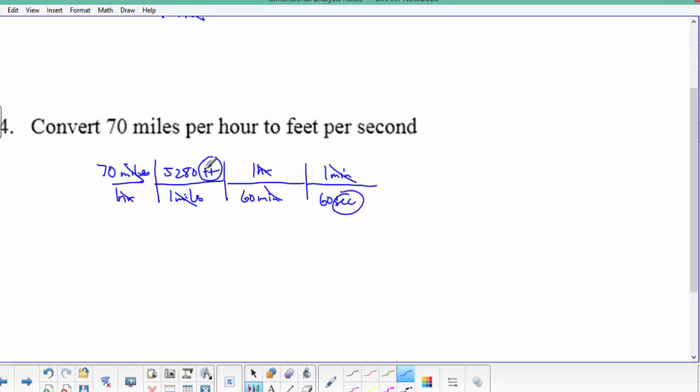What you'll notice is feet on top, seconds on bottom. So we're going to have 70 times 5,280 divided by 60 times 60, which gives you 102.7 rounded feet per second.